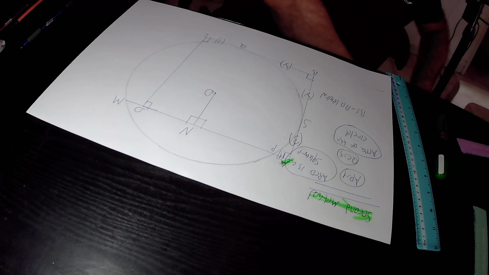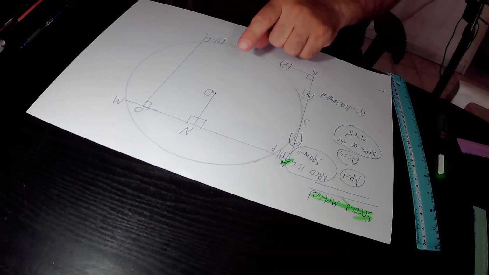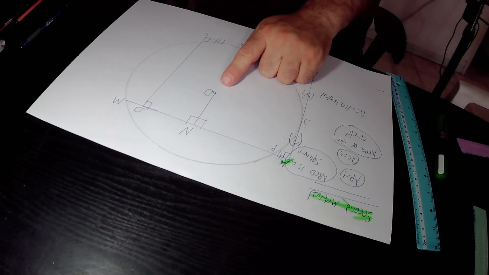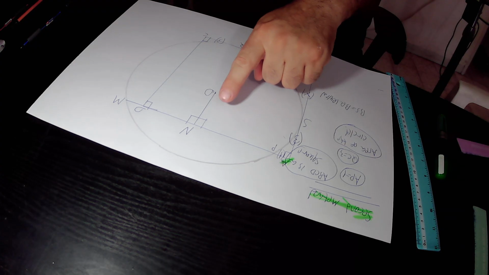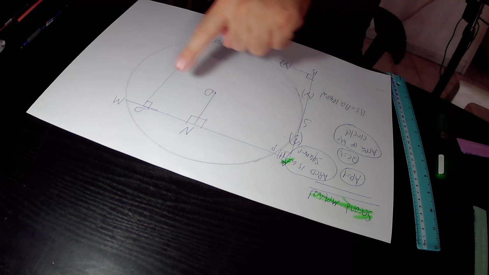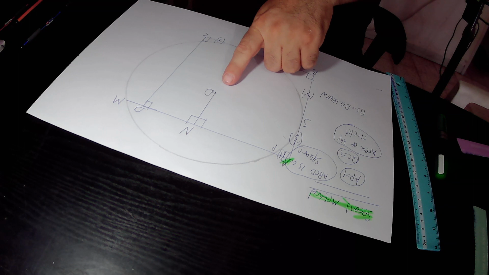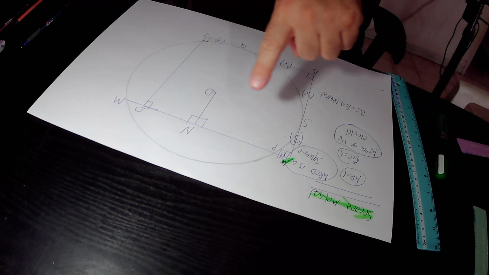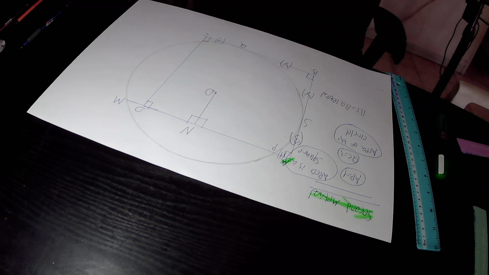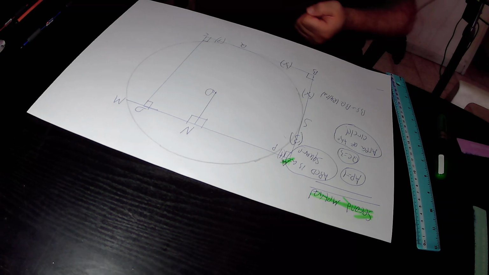Why? Because in our drawing, from the center of this circle, from point O, we have perpendicular ON on chord PM. So all the requirements of rule 11 are satisfied. Therefore, we can implement rule 11 here.